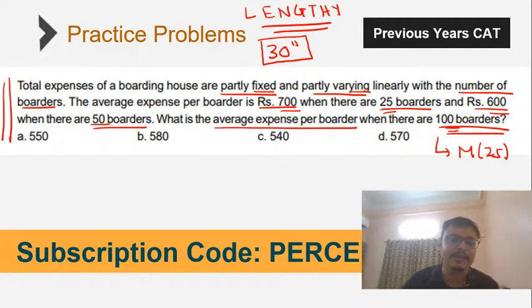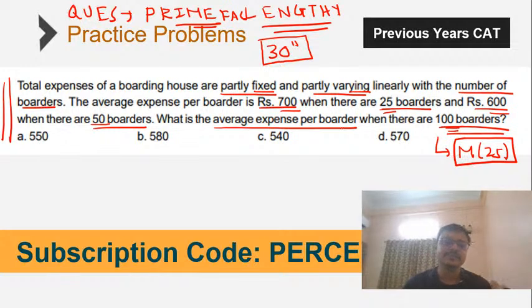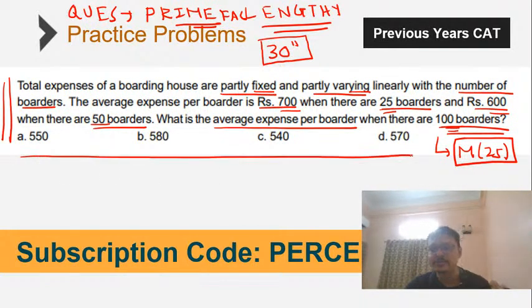And I've always said, in case the question has a particular prime factor, the answers must also have the same prime factor. So if all the values in the question are multiples of 25, the answer should also be a multiple of 25. So simply look at the values and check which of the options is a multiple of 25.